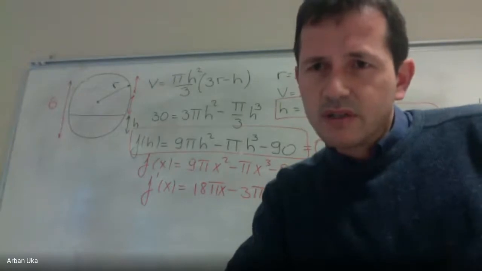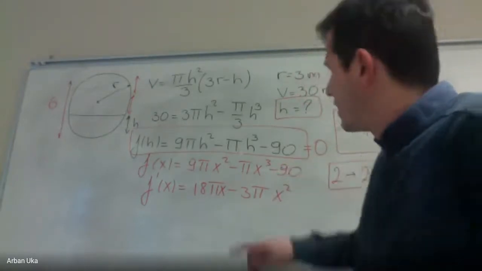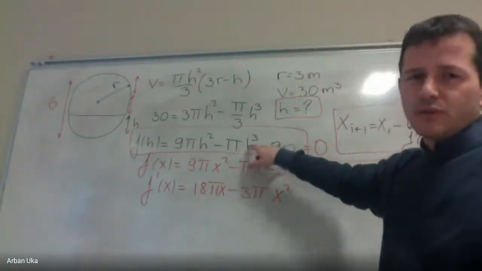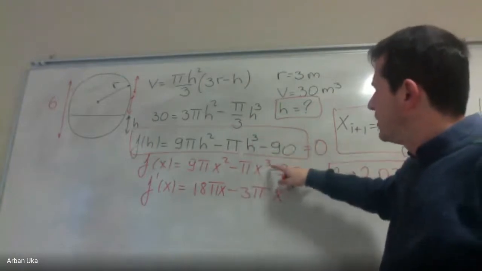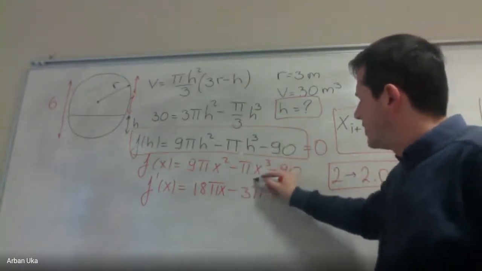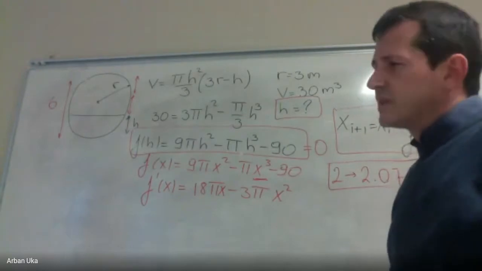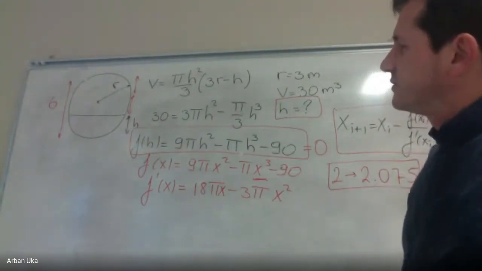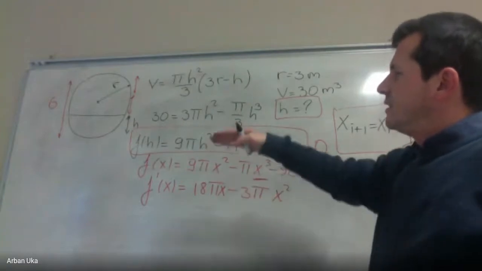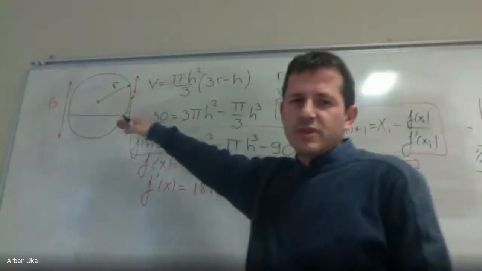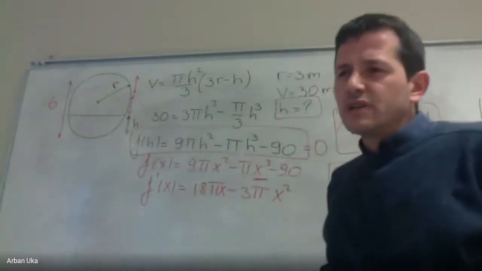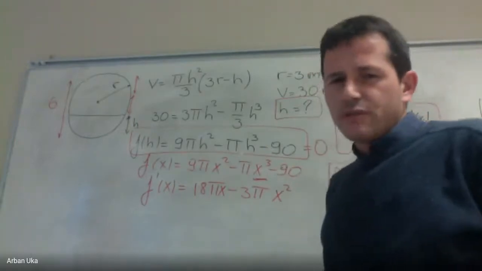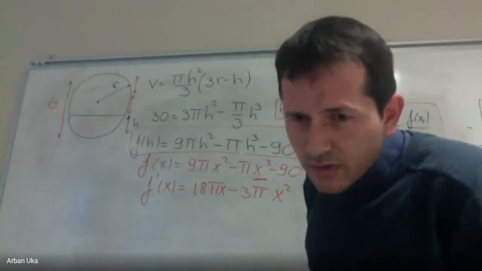Okay, I got a couple of answers from you. Silvana said this should be 3. Yes, we are going to expect 3 roots because this is a polynomial of third order in H, the unknown H or unknown X. But it could also be easily expected that we should have only one, okay? So we should be a little careful if we randomly select the starting points for the Newton-Raphson method.